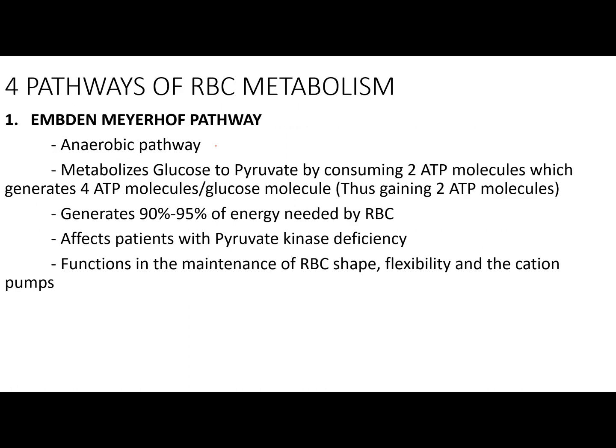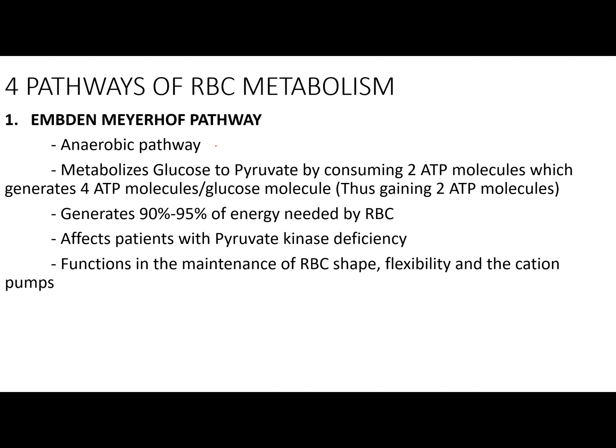Okay, let's continue. So let's talk about the first pathway, class, the Emden-Meyerhof pathway. Now, the Emden-Meyerhof pathway, class, is an anaerobic pathway. It would metabolize glucose to pyruvate by consuming two ATP molecules, which generates four ATP molecules per glucose molecule, thus gaining two ATP molecules.